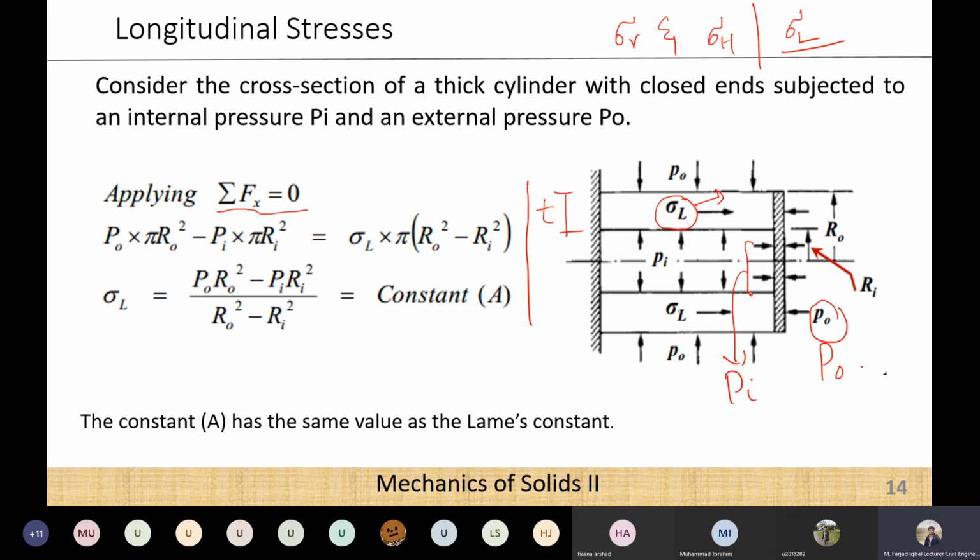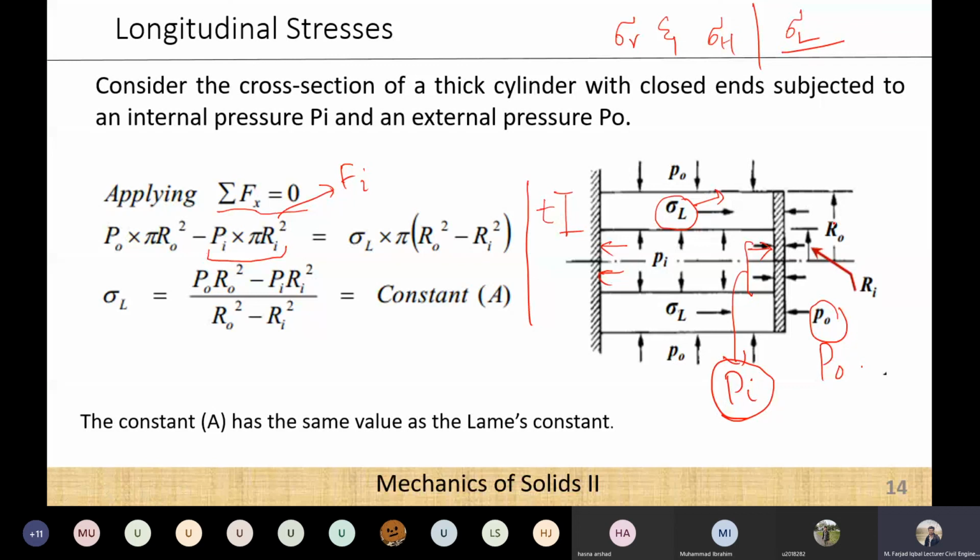So if I apply sigma Fx, Pi is due to the internal fluid, and it is acting on the internal cross section, on the wall of the cylindrical element. So Pi multiplied by the internal area will give us the force due to the internal fluid.